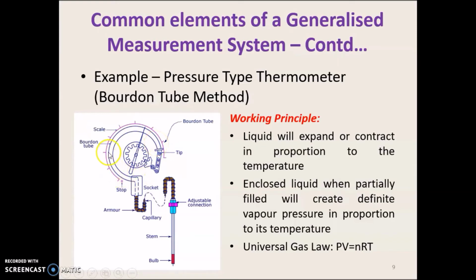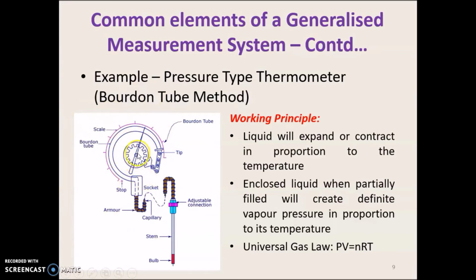Once this is manipulated, this is where we are going to process the data. That is, the linkage is going to move according to the expansion. This linkage, which is connected with this gear wheel through this pinion, is going to move the pointer. Here we convert the variable manipulated signal, that is the amplified signal, into a processed signal.